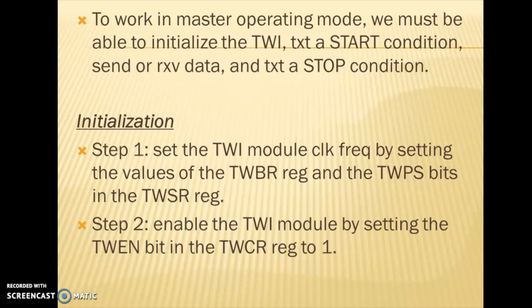For that, we'll use the equation shown in the previous video, and the TWPS, that is the prescaler bits in the TW status register. And in step 2, we will enable the TWI module by setting the TWEN bit in the control register to 1. So this is the initialization.